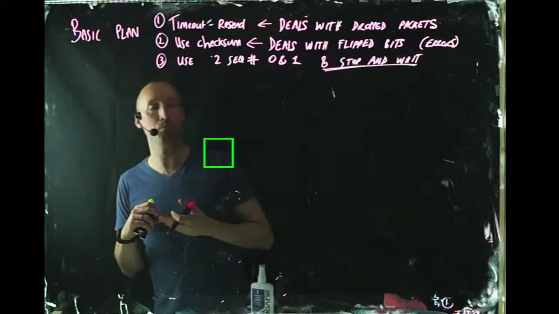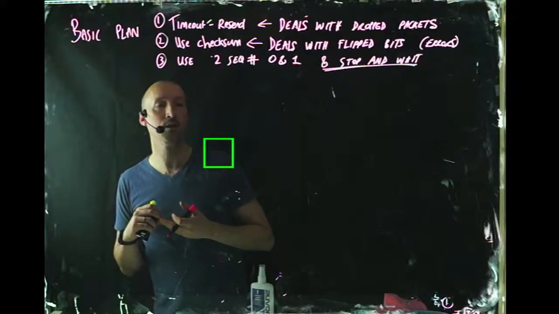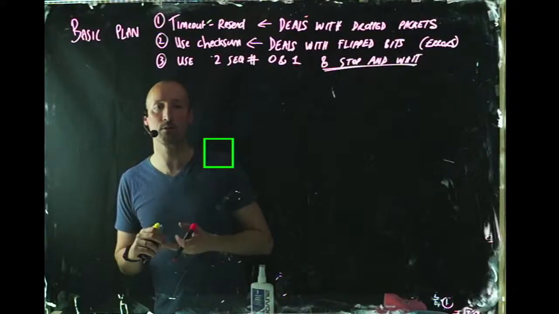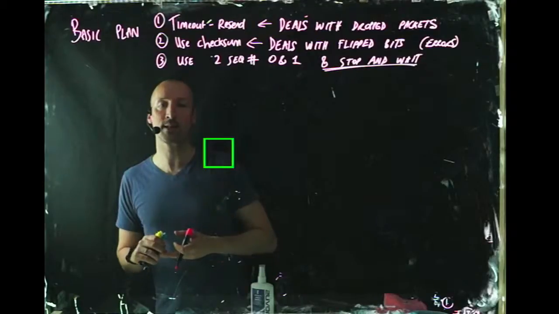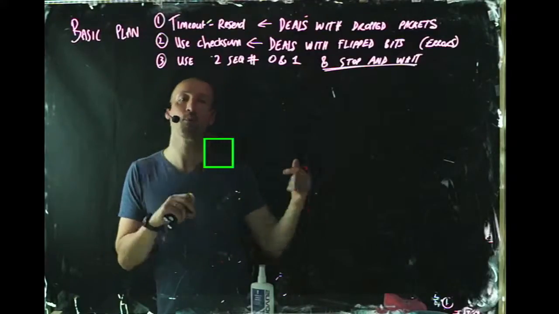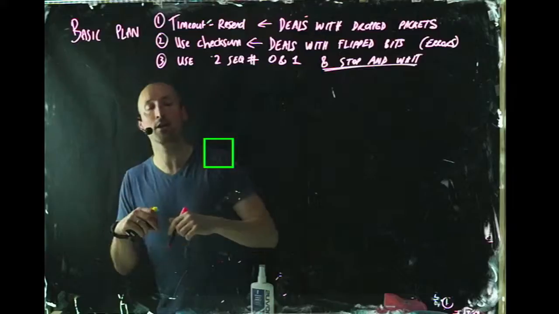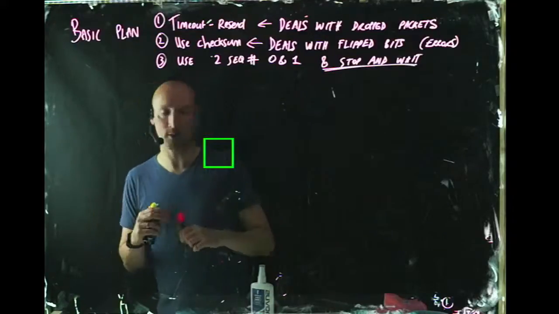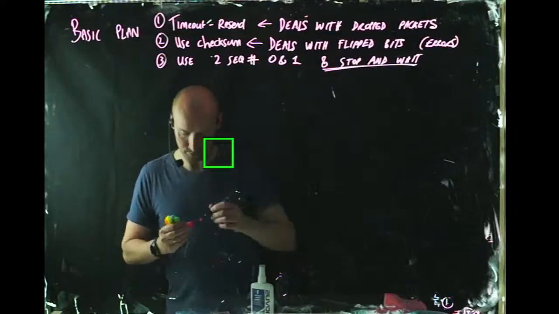We won't send anything else until we get it. Then we send packet number 1, and once we get the reply for that, we send packet number 0 again, and so on.